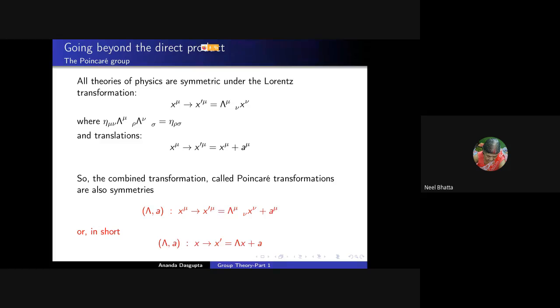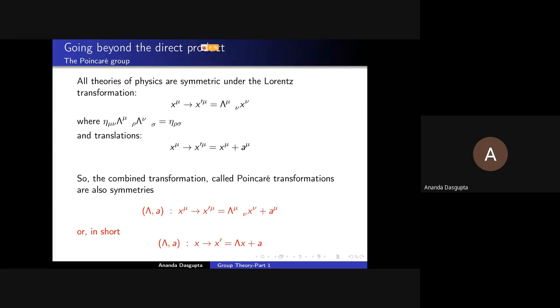See the equation in red, sir, where you are showing the Poincaré transformations. Both the above properties are being used, Lorentz transformations and translations. But on the right-hand side, we don't see things being fully used. Maybe I'm confused, but I want to make it clear. No. What I'm saying is, a Poincaré transformation is basically what it means.